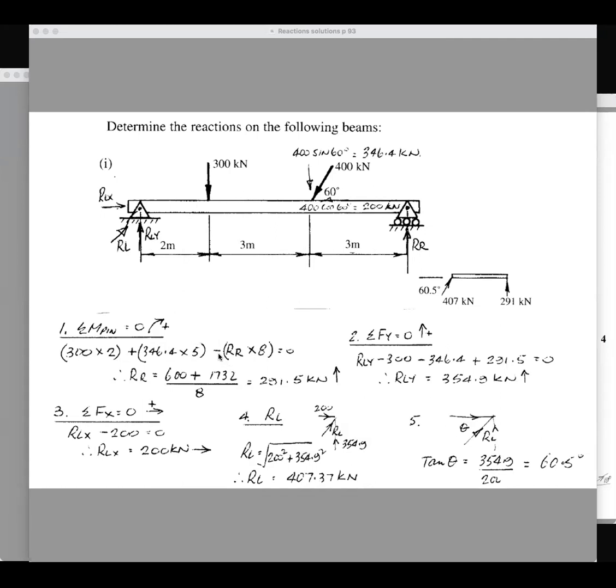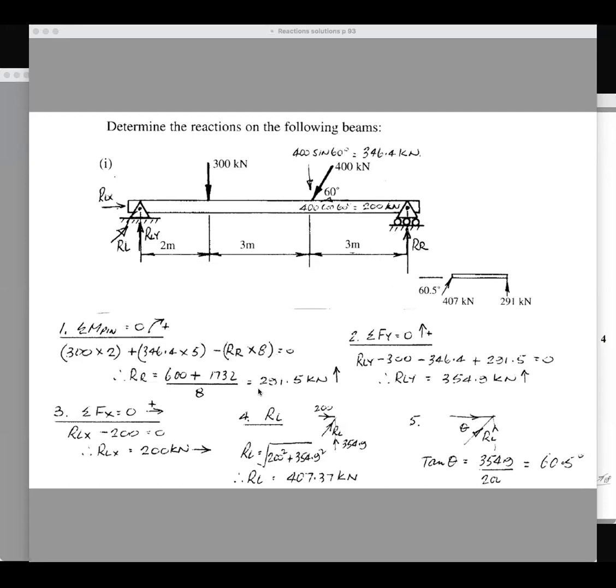So you've got minus RR times 8. It's going to go anti-clockwise, and 3.68 is the perpendicular distance, equal to 0. Now, if you get a positive answer here, it means that you've used those signs correctly.